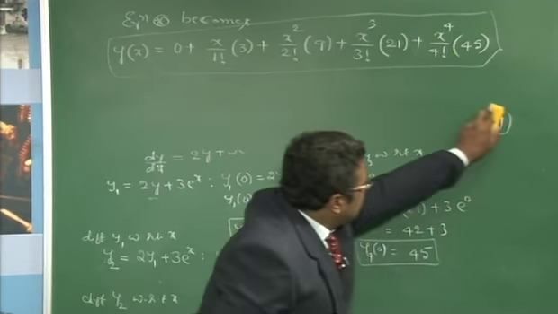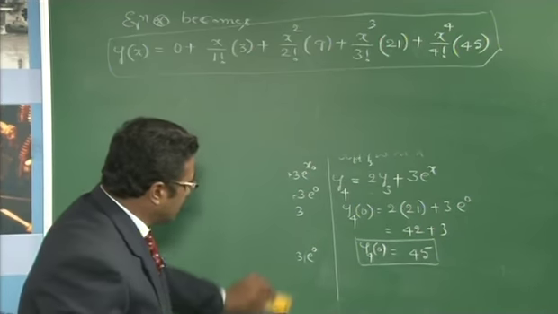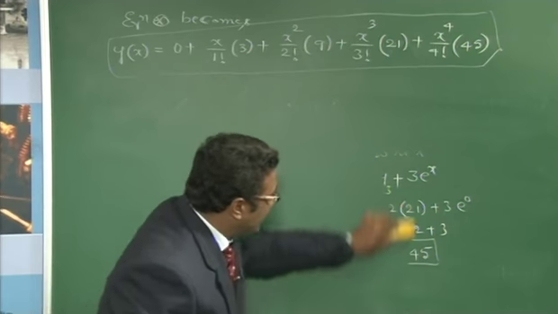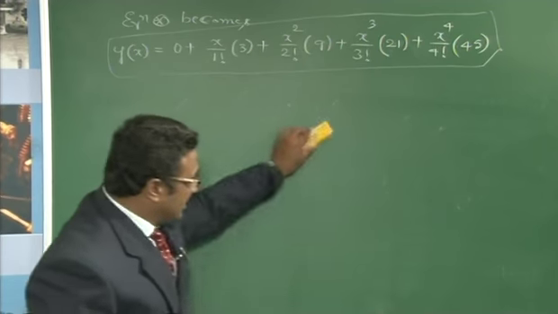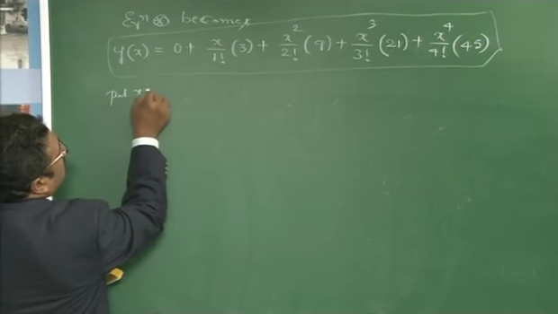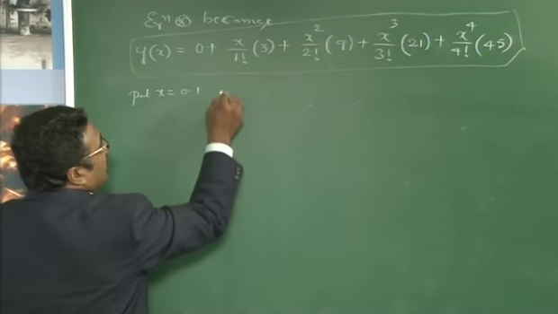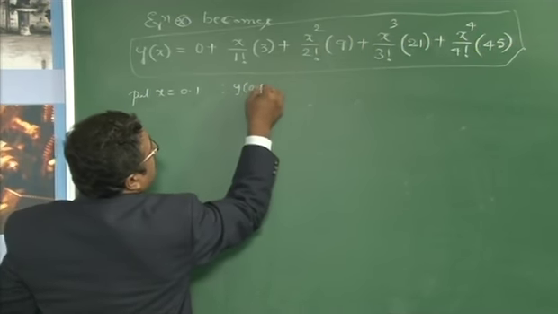After finding your Taylor series expansion, they ask you to find the values of y at point 1 and point 2. That means just simply giving x equal to 0.1 here, the corresponding y of 0.1 value will be obtained.